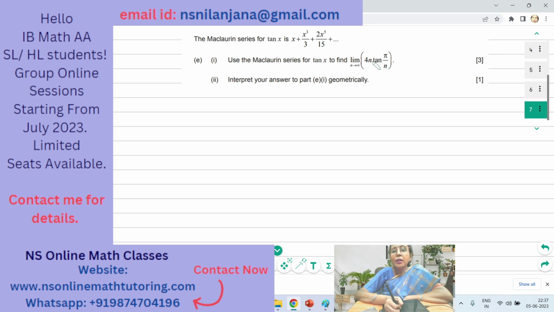This was the expression for the perimeter and for the area of an inscribed regular polygon, right? So fine, they have given us the Maclaurin series of tan x, and we have tan pi by n, and it contains just 3 marks.